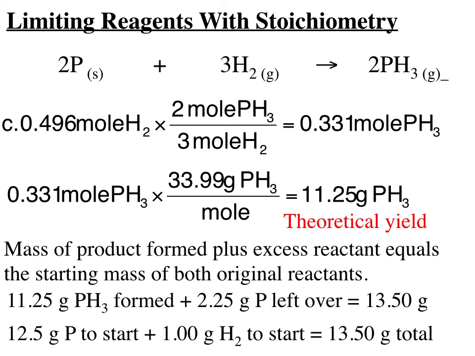Now if I take that number of moles of PH3 times the molar mass of PH3, I find, as I argued on the last slide, that I should make 11.25 grams of the product. And if I check with my masses of reactants used and product formed, they all match up as they should.